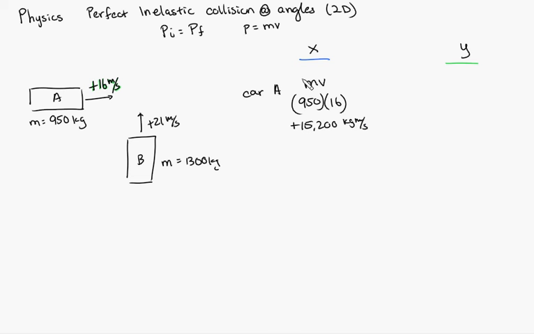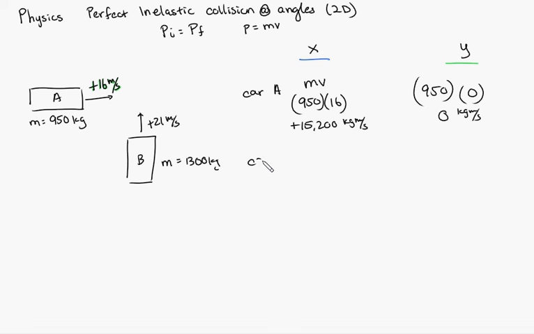Okay, so that's how much momentum car A has in the x direction, right or left. In the y direction, though, it's not moving up or down, so the velocity is 0. But I still want to do it just for the sake of doing it. So in the y direction, car A has 0 momentum. It has all its momentum in x.